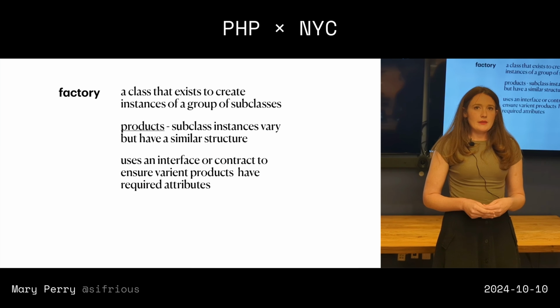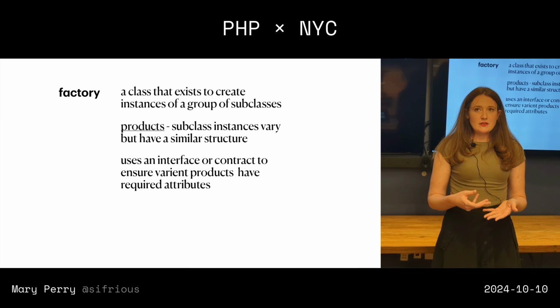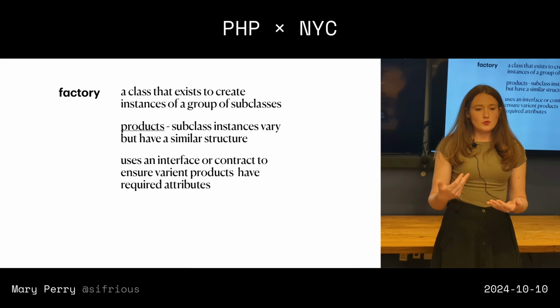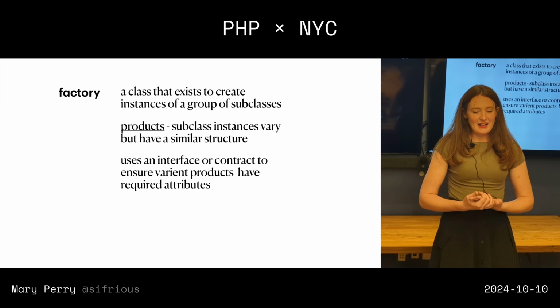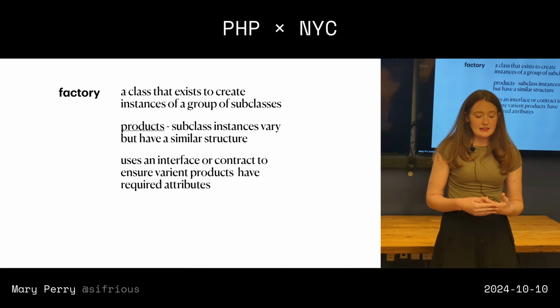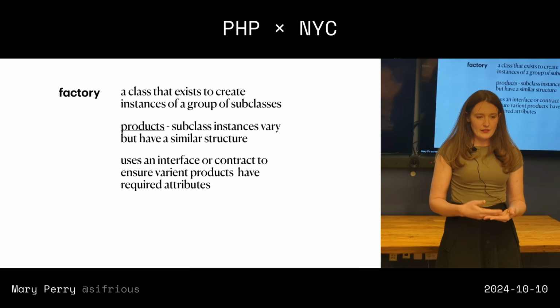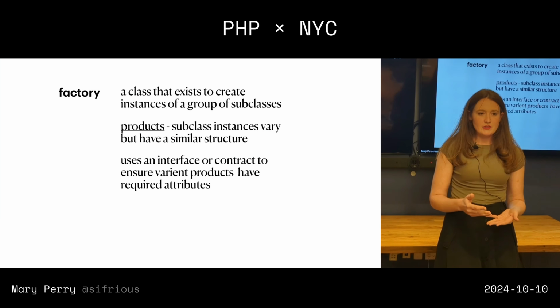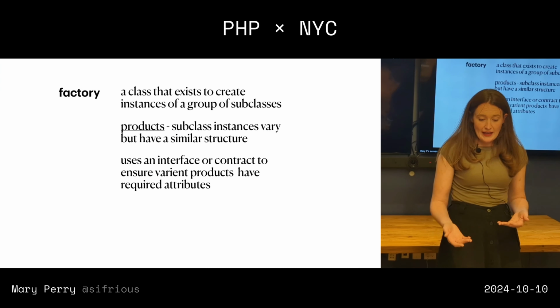So if we want to make an instance of a service provider and then have that create drivers or services that we're going to interact with directly, generally we use a factory, and they'll vary based on the specific one that you're using at the time, the configuration, the point in the request lifecycle, all those kinds of things, but generally have the same structure of the service provider that you asked for.